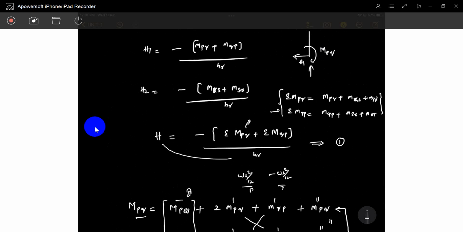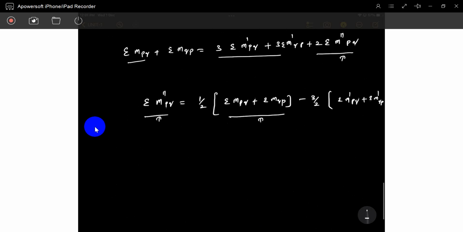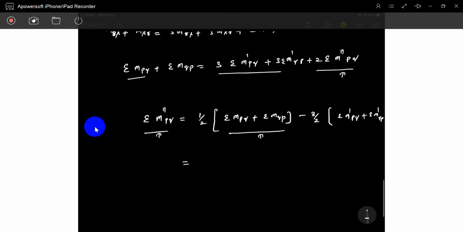H multiplied with the story height, and minus. Understood? From 1 you will write minus HR divided by 2 minus 3 by 2, same thing, sum of PQ and QP.